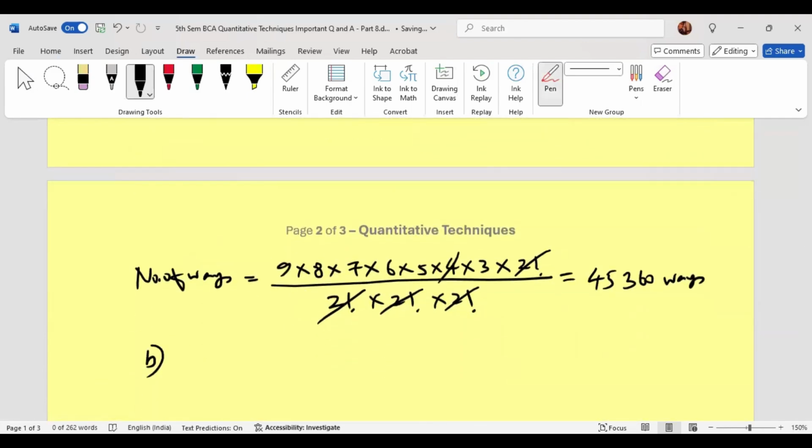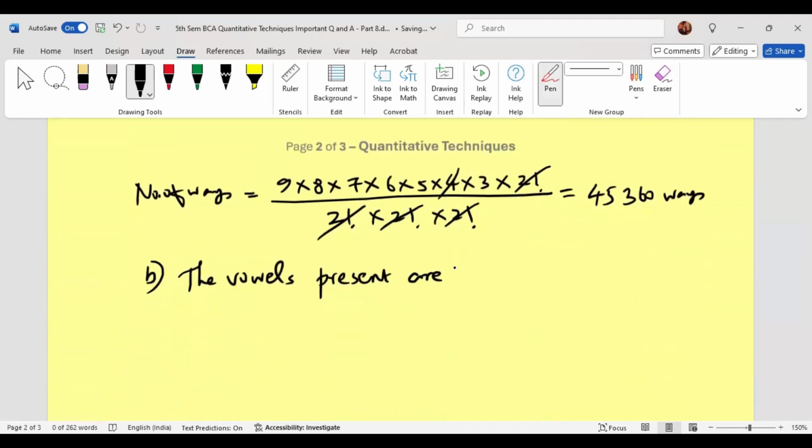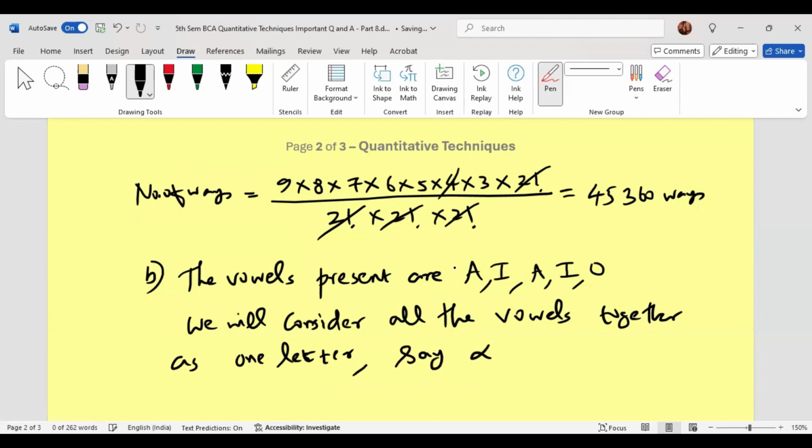So we may notice the vowels present are A, I, A, I, O. We will consider all the vowels together as one letter, say alpha.